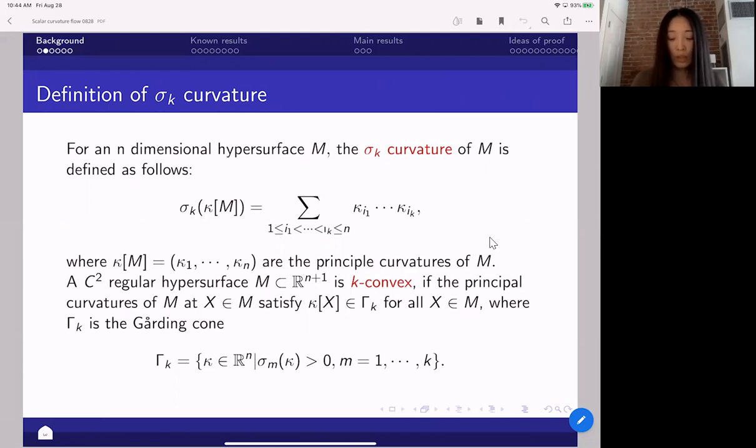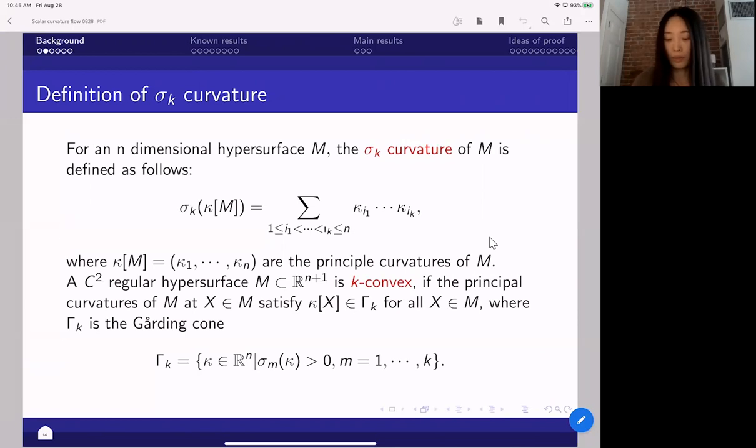First, we're going to define what is the sigma_k curvature of a hypersurface M. So the sigma_k curvature is defined as follows. Sigma_k equals the sum of kappa_i1 times up until kappa_ik, where the kappa_i are the principal curvatures of the manifold M. And we say hypersurface M is k-convex if the principal curvatures of M at any point of M belong to a Gamma_k cone, and the definition of the Gårding cone is the following.